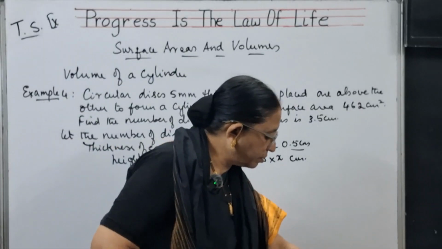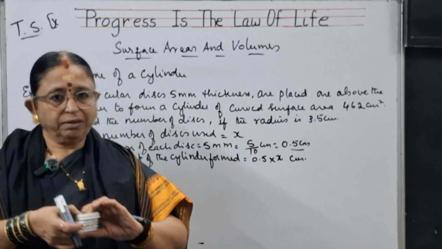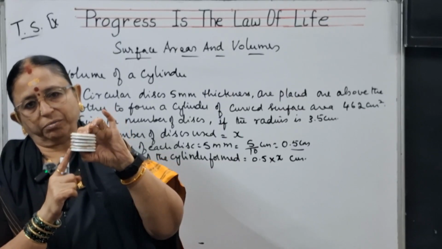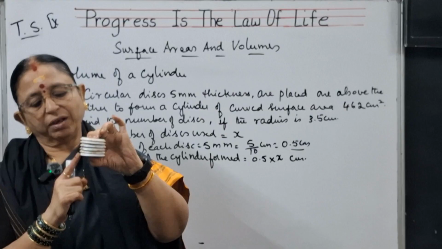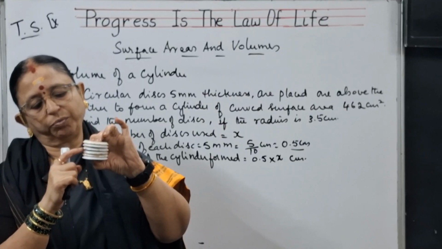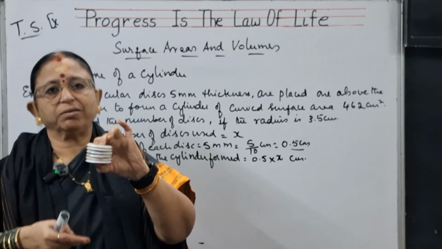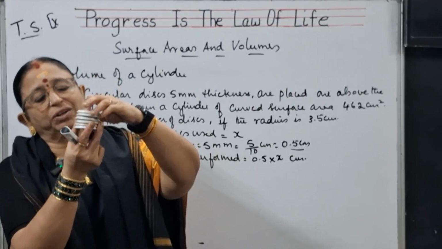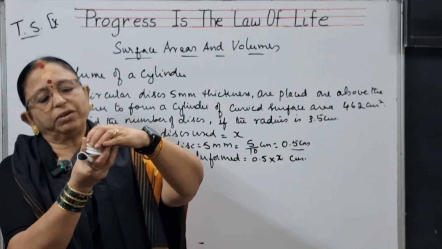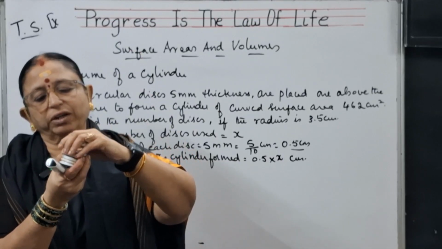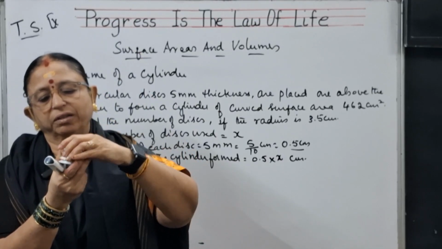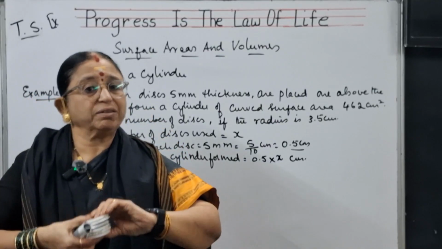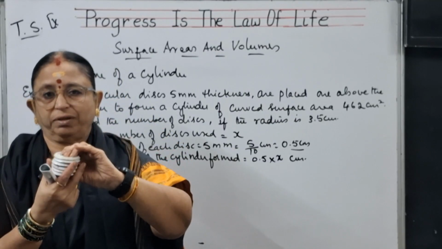Here, children, one disc height is 5 by 10 centimeters, 0.5 centimeters. So 0.5, 0.5, 0.5, like this you have to keep on adding. How many 0.5s will be there? If it is 0.5, how many discs do I have? This is 1, this is 2, this is 3, this is 4, this is 5, this is 6. So 0.5 into 6 if I do, I'll get the height of this.